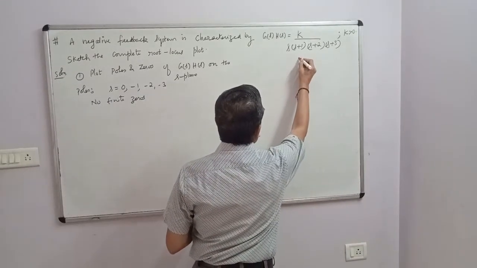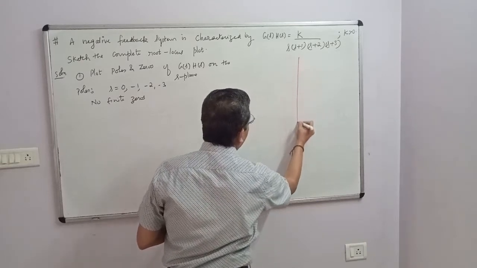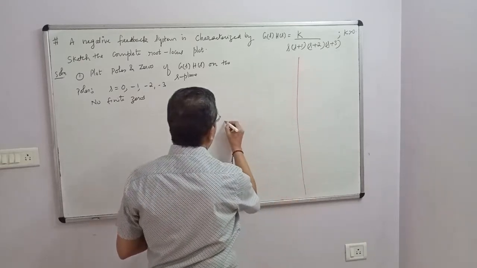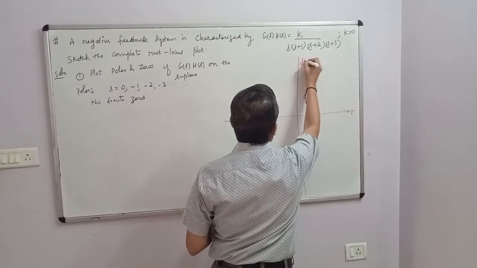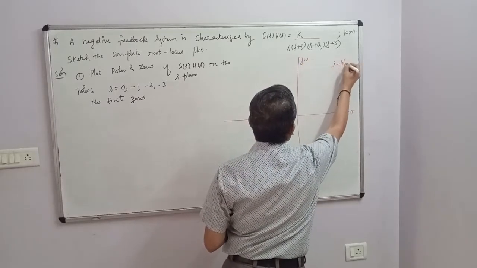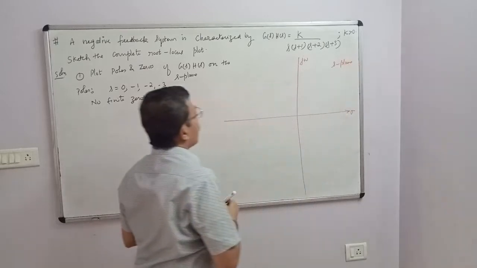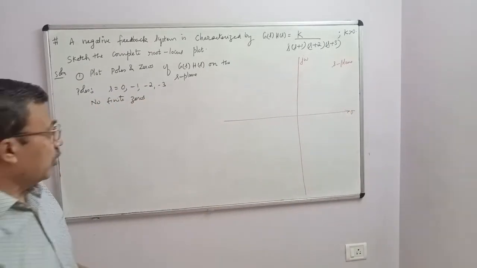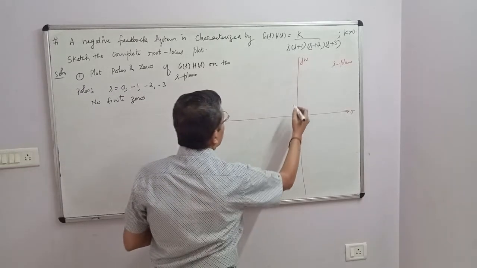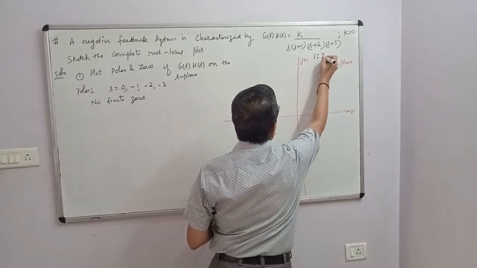The s plane is a complex plane having real axis sigma and imaginary axis j omega. This is the s plane. Always we will take a 1:2 scale.